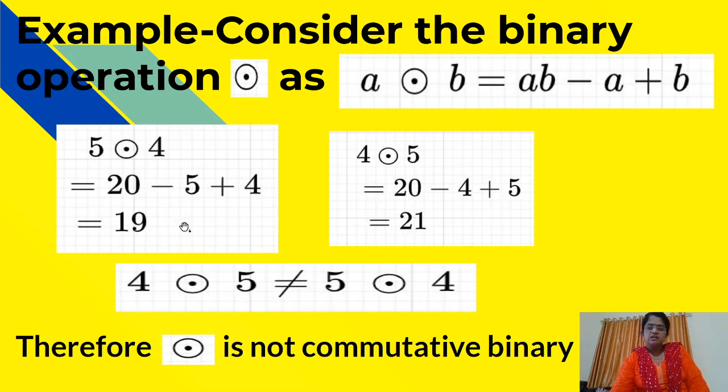And here you can see that 5 circle 4 is 19 and 4 circle 5 is 21. Means these are not equal values. That is 4 circle 5 is not equal to 5 circle 4. Means A star B is not equal to B star A. And therefore here we can say that this circle is not a commutative binary operation.